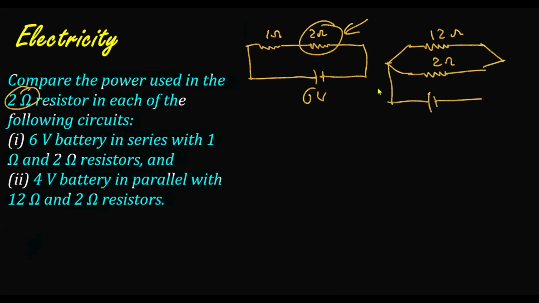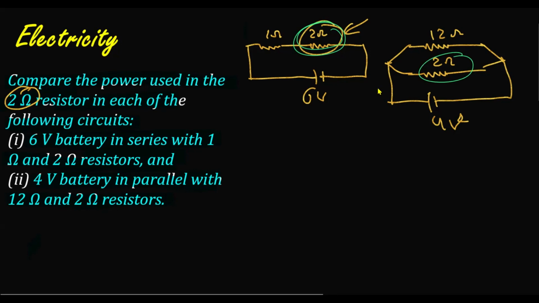And this time, the voltage supply is 4 volt. Here too, you have to remember that we need to calculate the current only across the 2 ohm resistor. Now check here, there is something that you should remember: we have two relations for power.